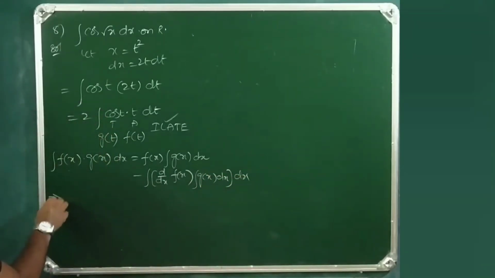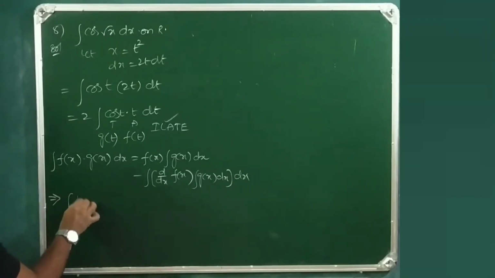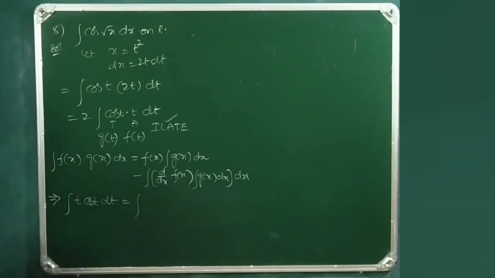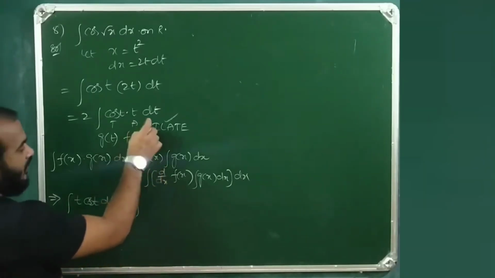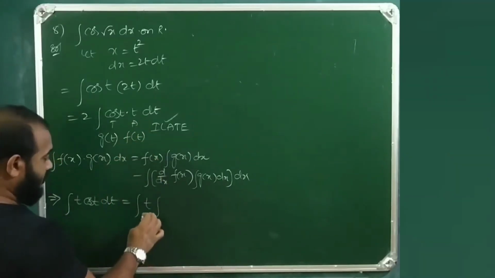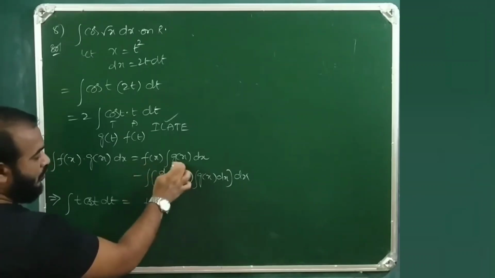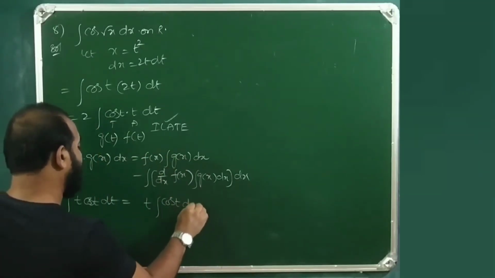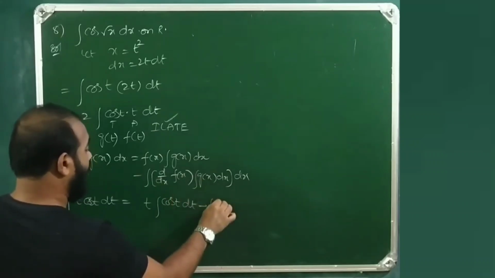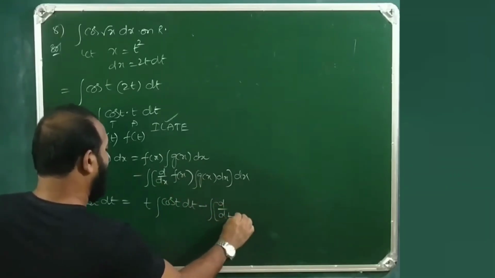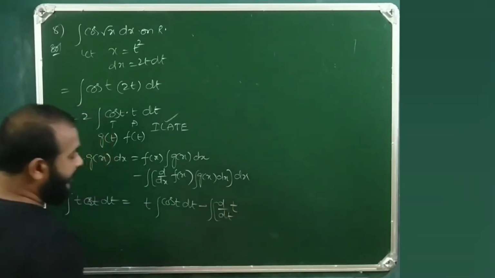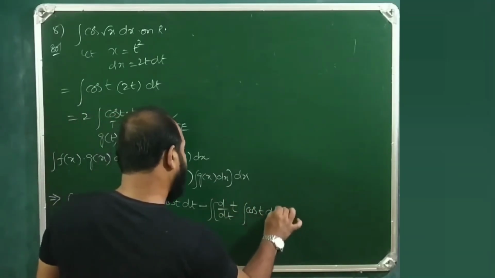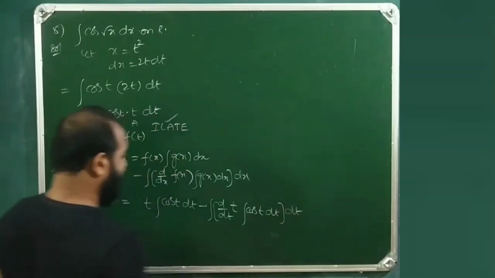So integral t cos t dt is equal to t into integral cos t dt minus integral of d by dt of t into integral cos t dt, whole dt.